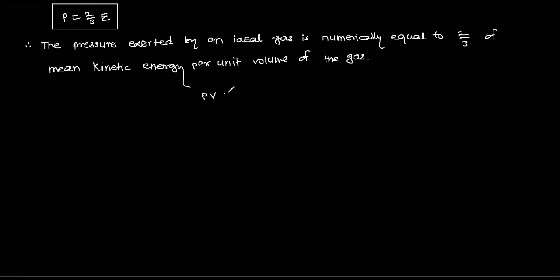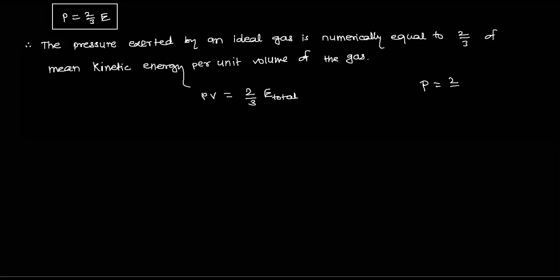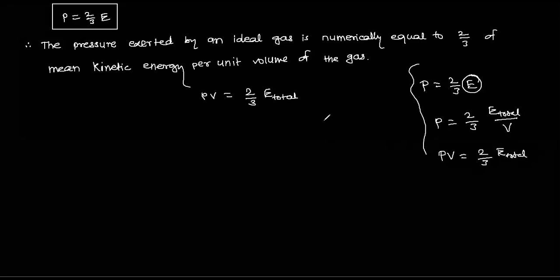And therefore PV is equal to 2 by 3 into E total. Why? Already you got P is equal to 2 by 3 times E. But this E is what? Energy per unit volume. Understand? Energy per unit volume. So therefore P is equal to 2 by 3 into E total divided by volume. So this volume, when it goes to the other side, PV is equal to 2 by 3 into E total. Got it? That's why you are getting this expression.